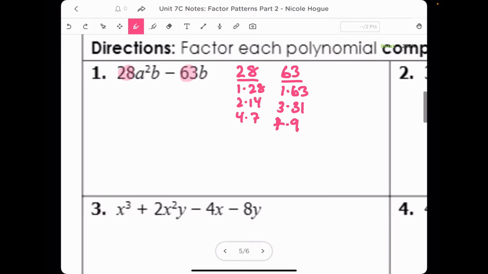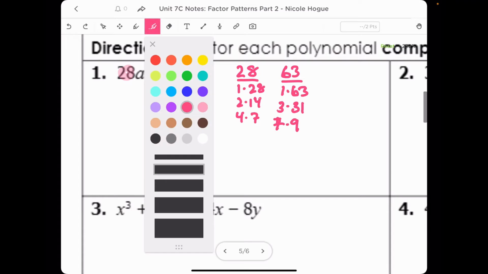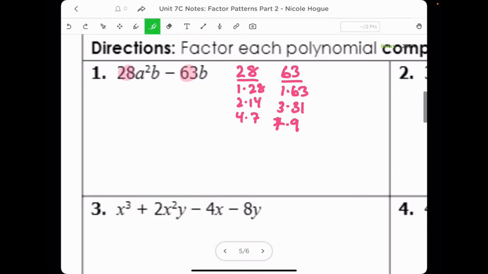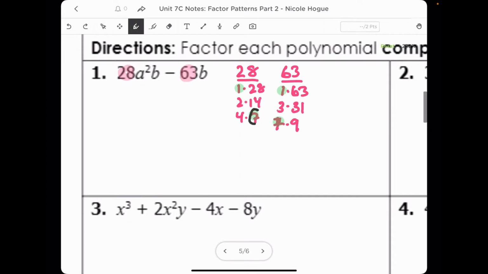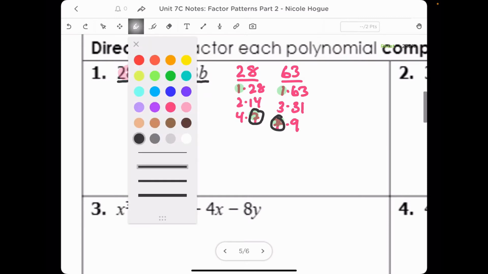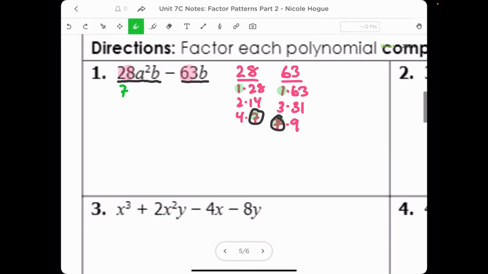Okay? Once we know that, we can see that our numbers have 1 in common, and they have 7 in common. So the greatest common factor of these numbers would be 7. So I know that we can factor out a 7.